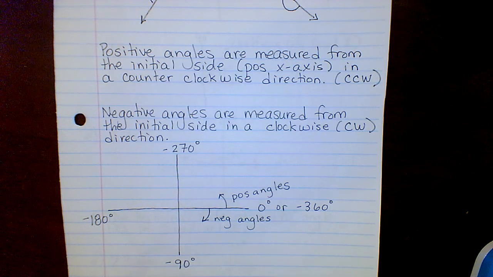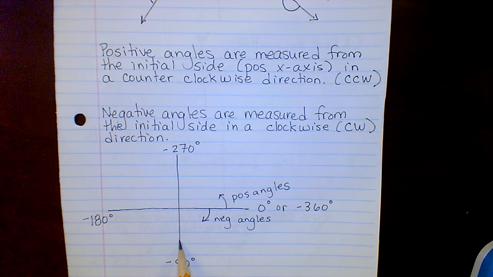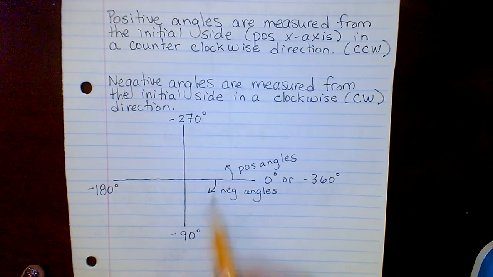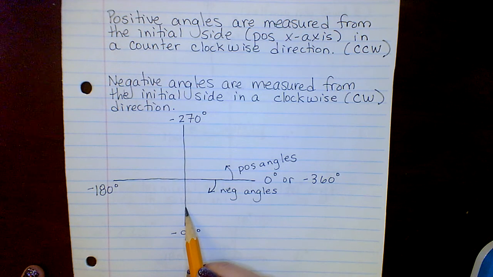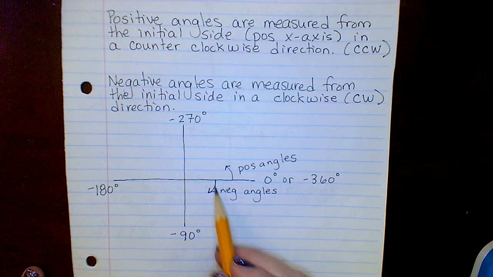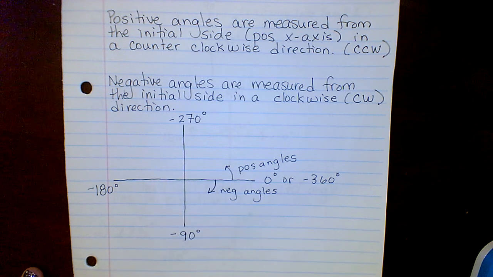All right. So we already have the labelings of 0, 90, 180, 270. But if I'm going in a negative direction, if I'm going down, then this down here is negative 90 degrees. That's negative 180. That's negative 270. And then one trip around would be negative 360.